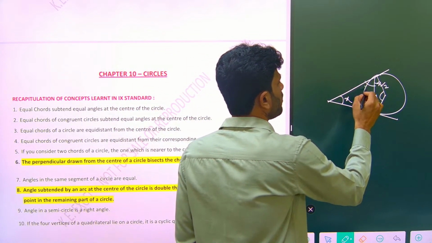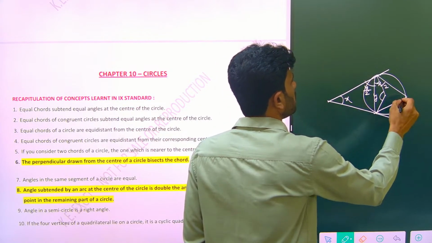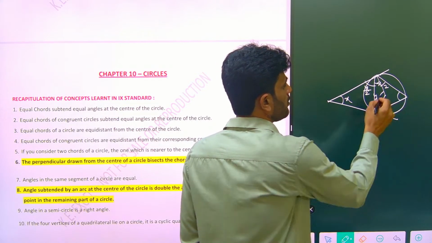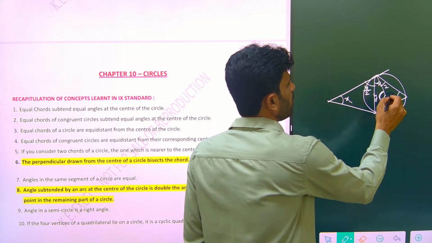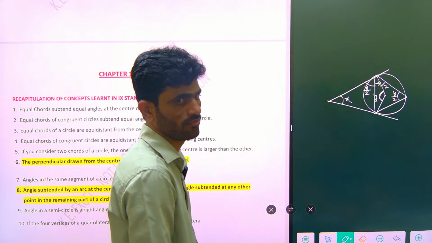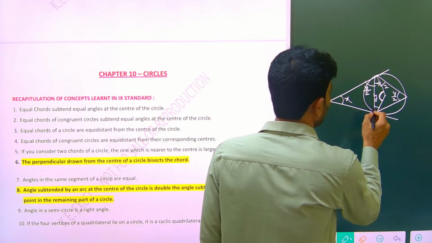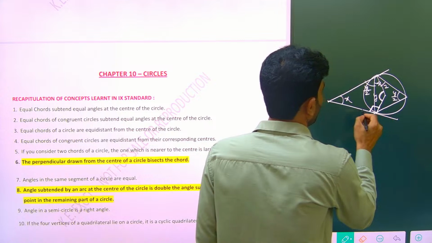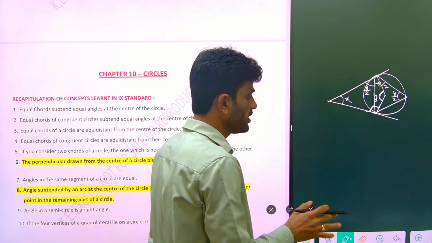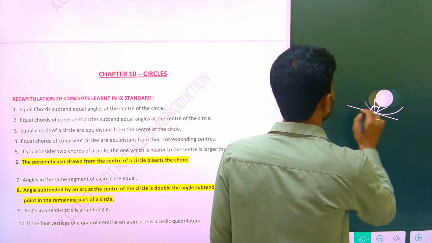This will be Y by 2. You know what this will be? This is Y, no? Y by 2. Half. Understand? And what is this? 90 degrees. All these relations, so that any type of problem related to angles you can solve.